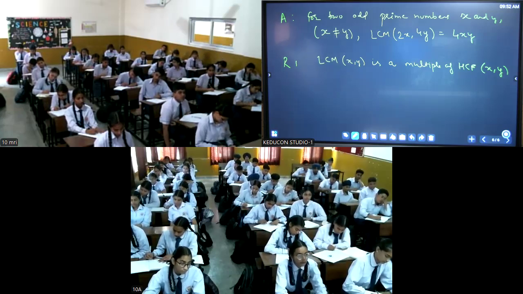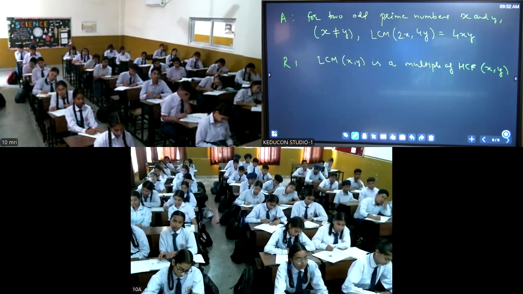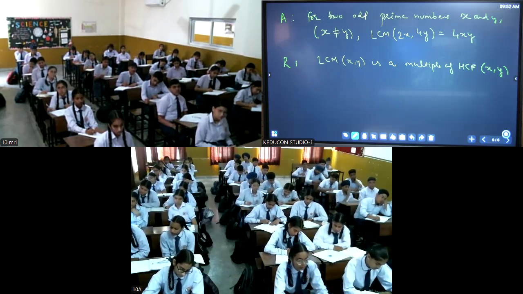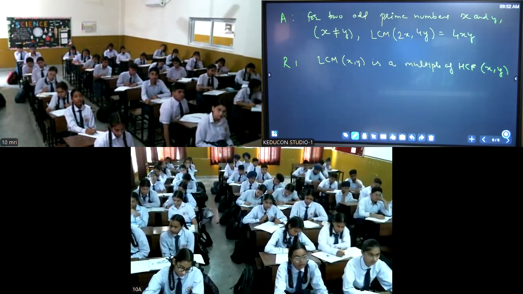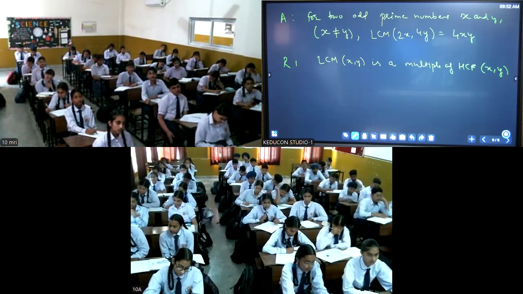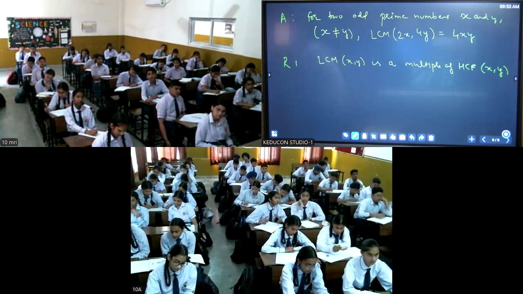Assertion is for any two odd prime numbers x and y where x is not equal to y, LCM of 2x multiplied by 4y equal to 4xy. And the reason is LCM of x comma y is a multiple of HCF, that is x comma y. Okay.